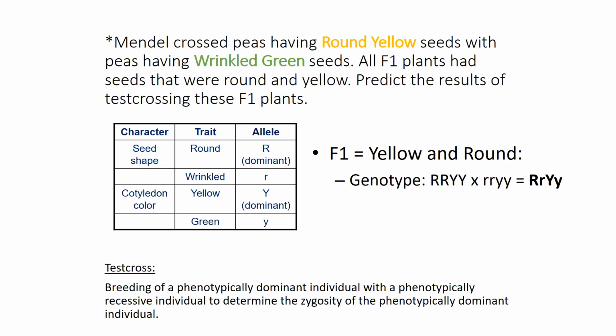to make sure that it is actually happening that way, you can test cross. So test crossing is a way to figure out what the zygosity of an individual is, whether it's homozygous or heterozygous, okay?